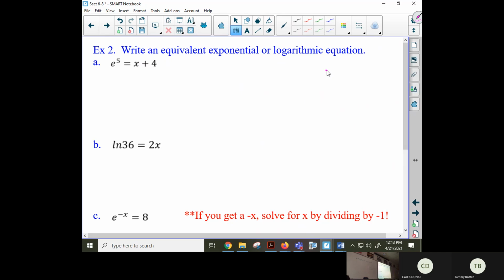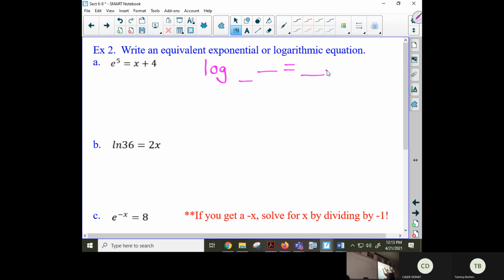Now this here is just putting them together. Sometimes we're going to have exponential and we change it to natural logs, and sometimes we have natural logs and we're going to change it to exponential. If you look at this one, I have it in exponential, so I'm going to do log.